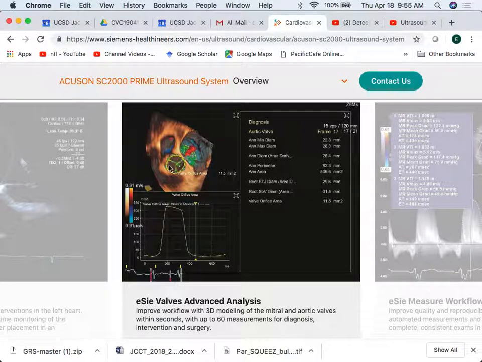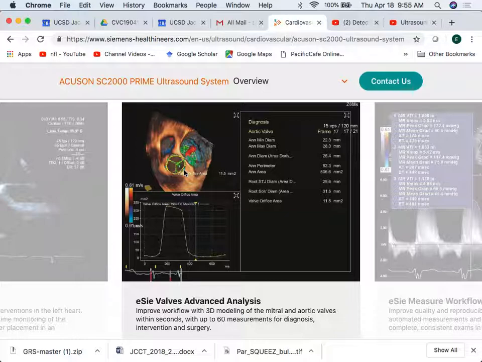Here we're looking down towards the root of the aortic valve, and this software that comes with the system is built so that you can measure very accurately the dimensions of the root of the aortic valve before you attempt to put a prosthetic valve in that position.